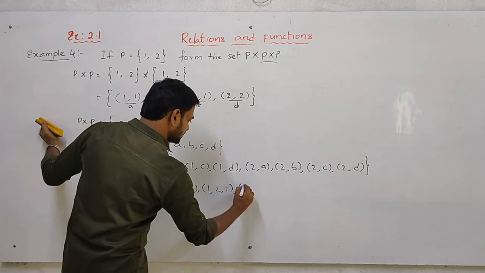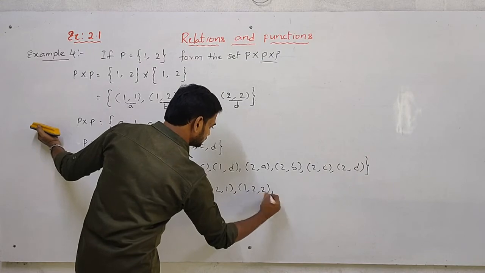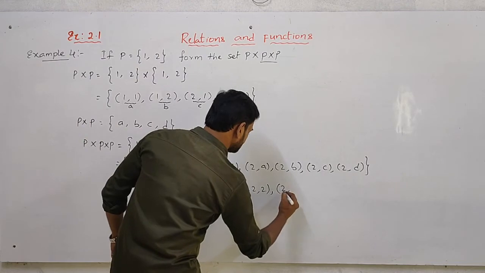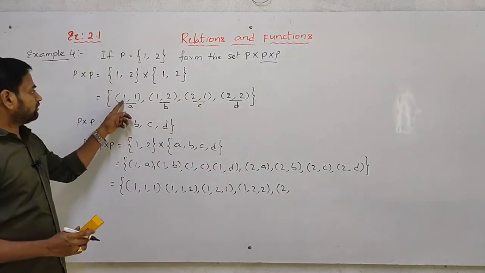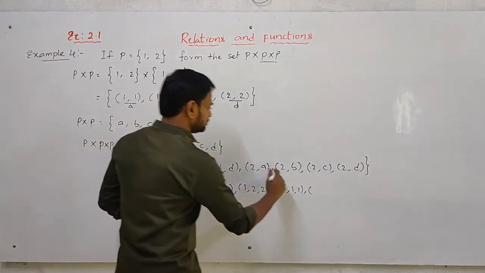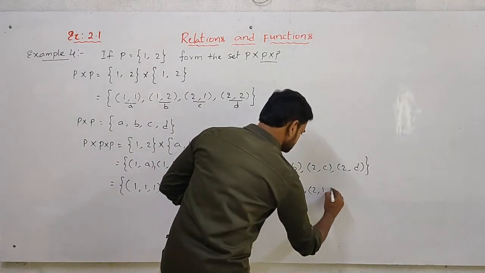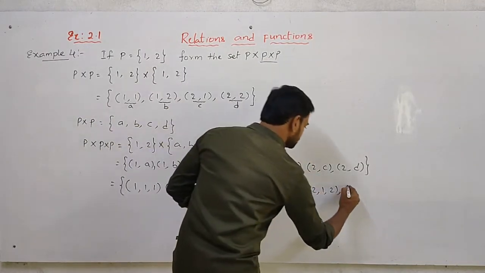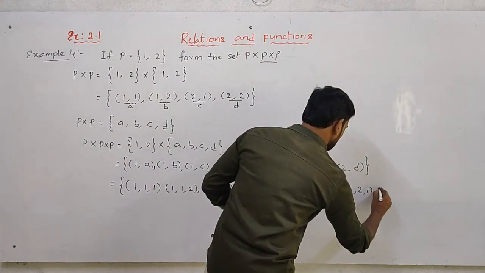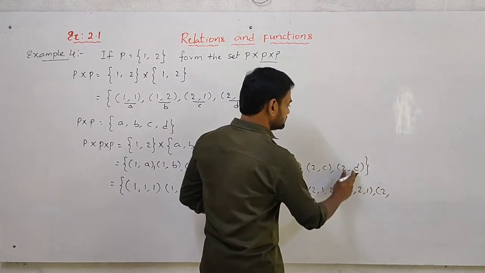Next 1, what is the D? (2, 2). Complete. Next with 2: 2, A, what is the A? (1, 1). Next 2, what is the B? (1, 2). Next 2, what is the C? (2, 1). Next what is the D? (2, 2). So 2, D value is (2, 2).